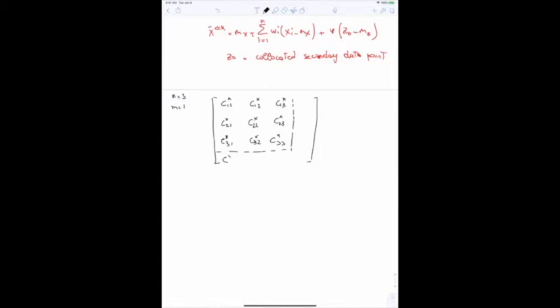And then here I'm going to have C x z, CXZ. I'm just going to call it 1, 2, and 3 because I know that I only have one data point for z.